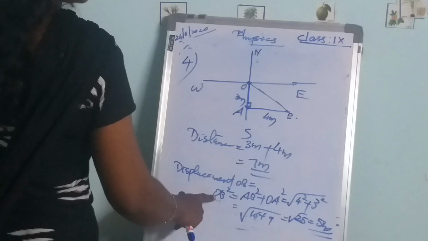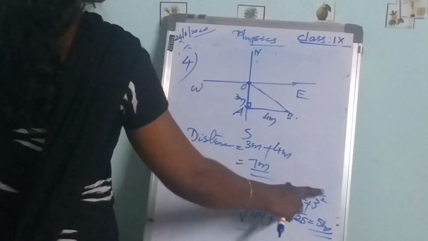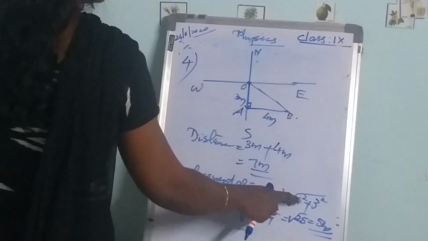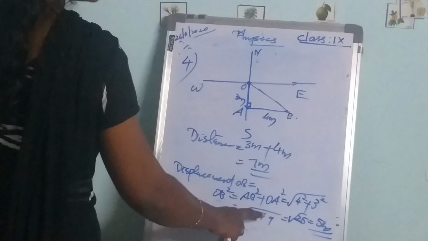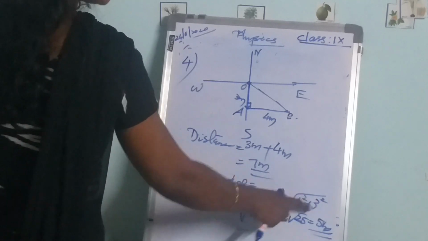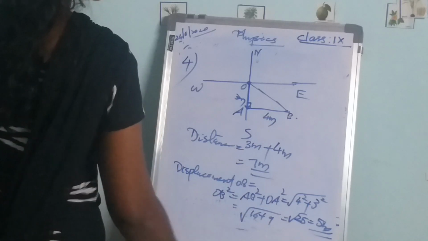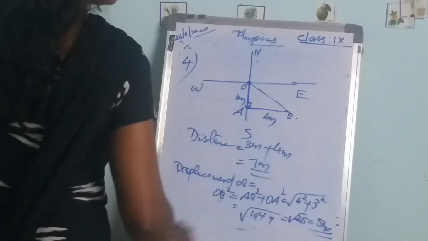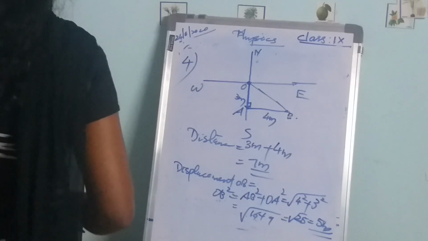So we can write OB square equal to AB square plus OA square, substituting AB 4 square, then OA 3 square. So 4 square is 16, 3 square is 9. 16 plus 9 is 25, square root of 25 is 5 meters. That is the displacement.